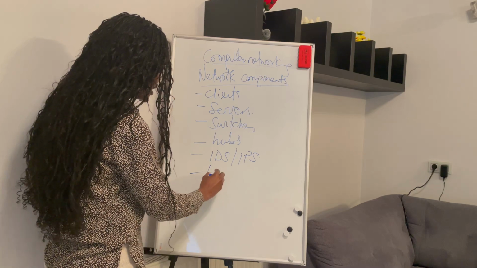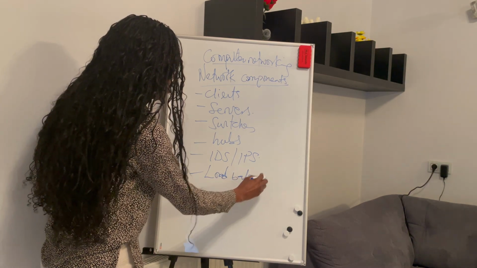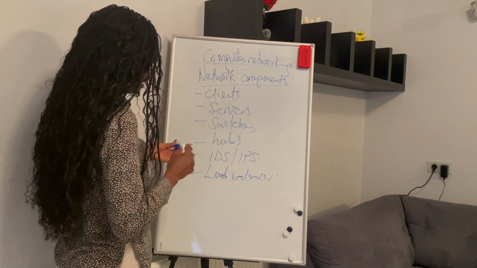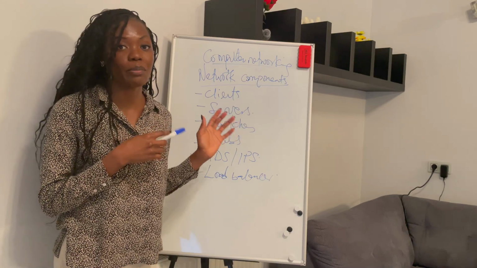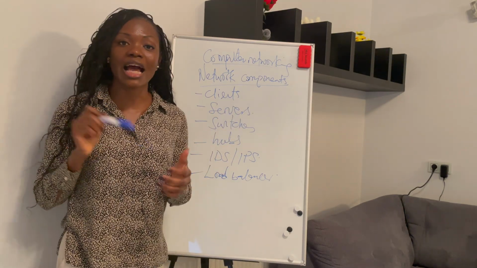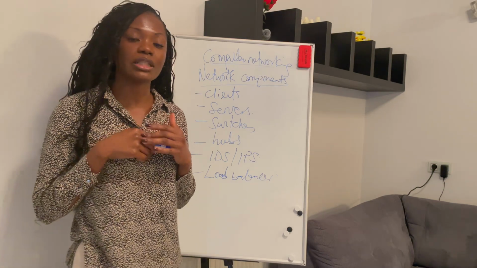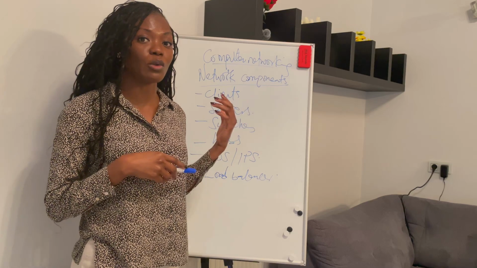We have something like a load balancer, and I would explain what that means in a bit. These are very few network components. We have a lot of them, and I'd highly recommend a course on Udemy, the training on Network Plus. It's very detailed when it comes to computer networking.